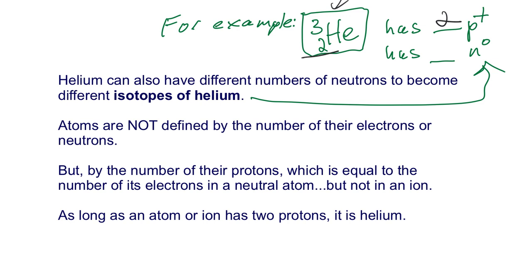Remember, you have to subtract the bottom number from the top number in order to get the number of neutrons. So 3 minus 2 is 1 neutron. Once again, the bottom number can never change, or else it wouldn't be helium. The top number can change because the neutron number can be different.